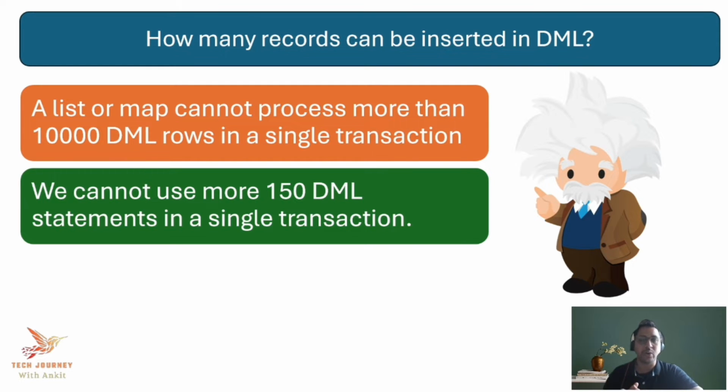Moreover, another key governor limit that you should keep in mind whenever you are working with DML statements is that in one single transaction, you cannot use more than 150 DML statements. So these are the two governor limits. In a collection, you can have a maximum of 10,000 records in a single transaction to perform the operation, and the second one is 150 DML statements in a single transaction.